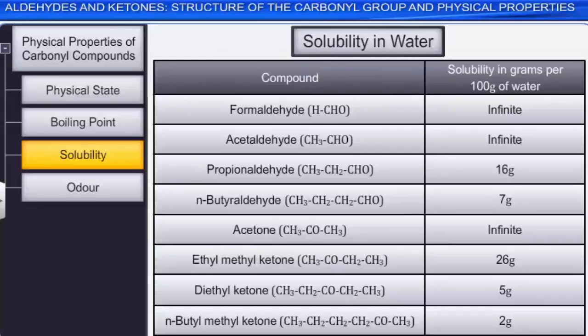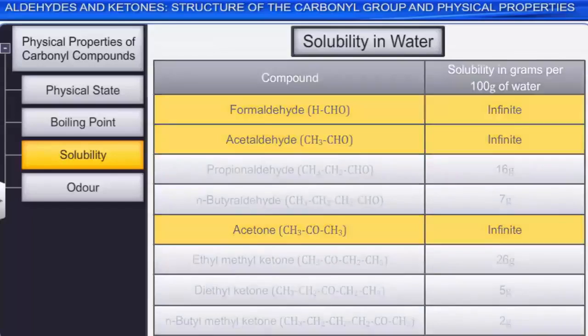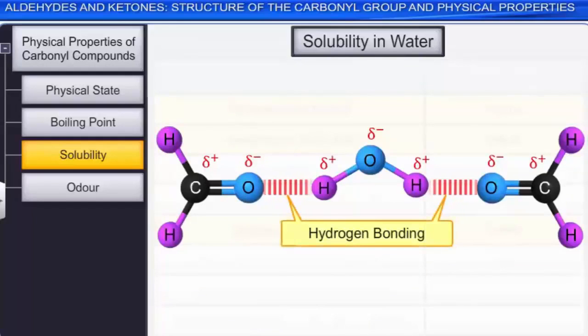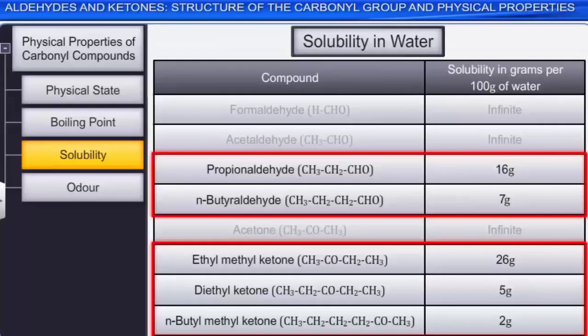We see that the lower aldehydes and ketones, such as formaldehyde, acetaldehyde, and acetone, because of their ability to form hydrogen bonding with water, are miscible in water in all proportions. Notice that solubility decreases with an increase in the length of the carbon chain.